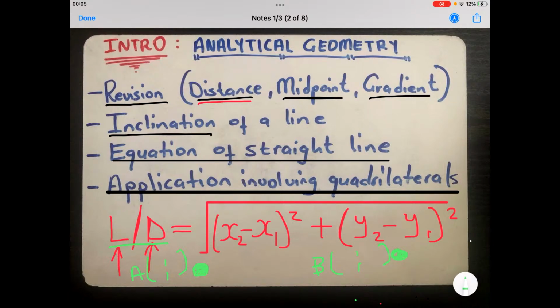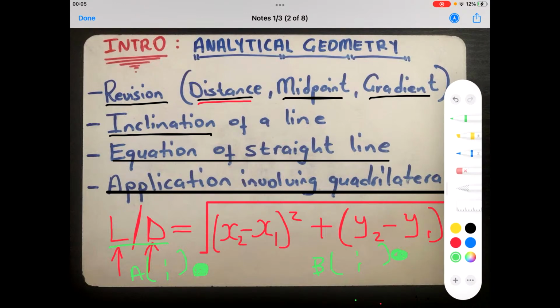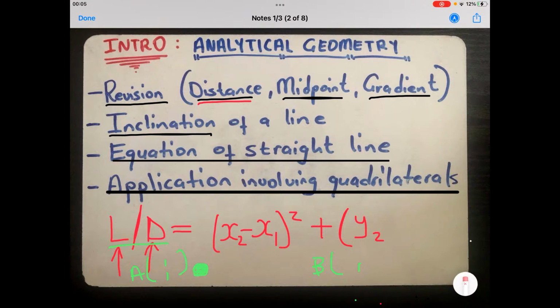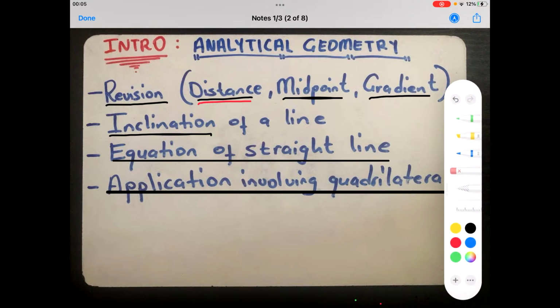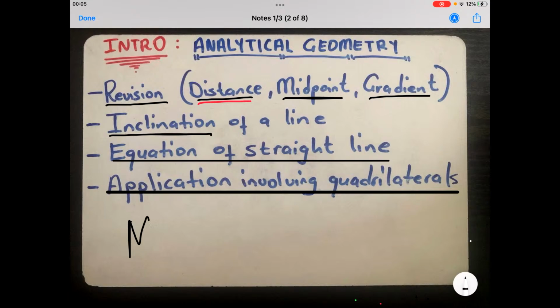Secondly, very quickly, let's discuss the midpoint formula. I'm well aware that most of you might know the formula, but just for our record, let's quickly discuss it. With the midpoint formula, you have the first x value that you add to the second x value, and all of that needs to be divided by 2.